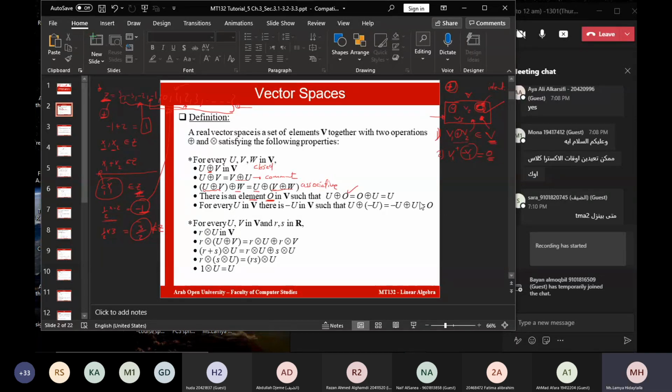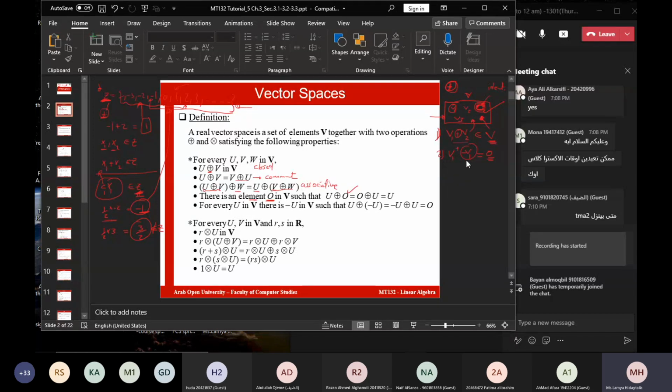So for every u in the vector space, there is a minus u. What is the vector minus u? It is the vector that when you add it to this one, you get the zero vector. So in this space there should be the identity element, mostly the zero vector if we are talking about our ordinary addition.